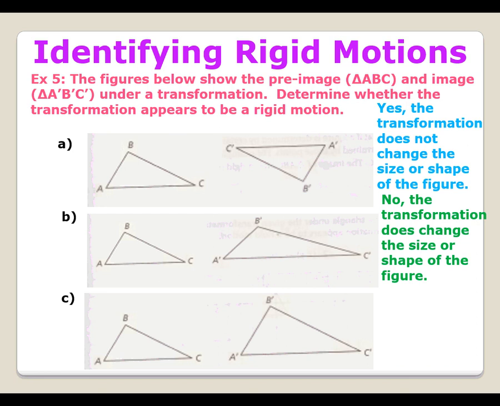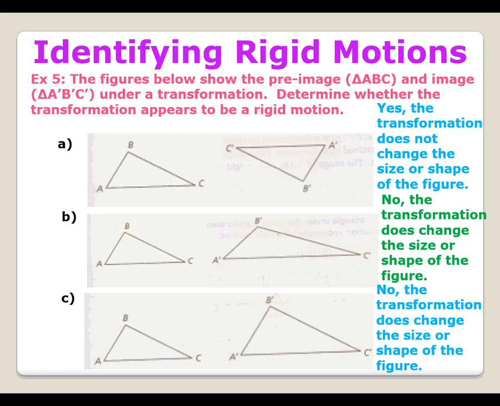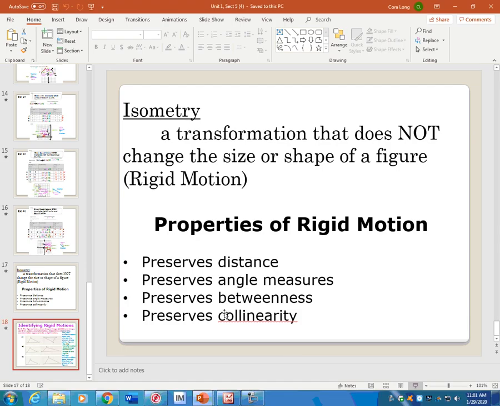So since it's not the same shape or size, then it's not rigid. So this one would be no, the transformation does change shape and size. So it is not a rigid motion. So there you go. That's just going over types of rigid motions. We're going to go over two more types of transformations that will in fact be a rigid motion. So get ready for that. That'll be exciting. Nice job, you guys.